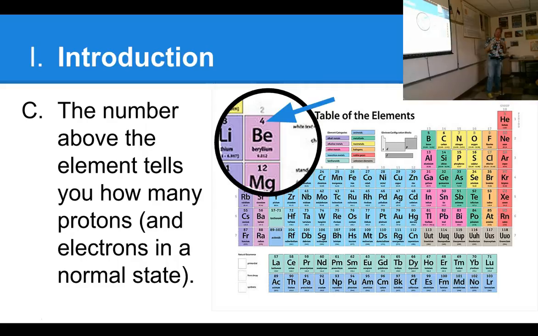But you can change the number of electrons when an element binds and forms an ion and things of that nature. So it's not always that the number of electrons is the same as the number of protons, but in a natural neutral state where it doesn't have a charge, the number of electrons equals the number of protons. Okay.